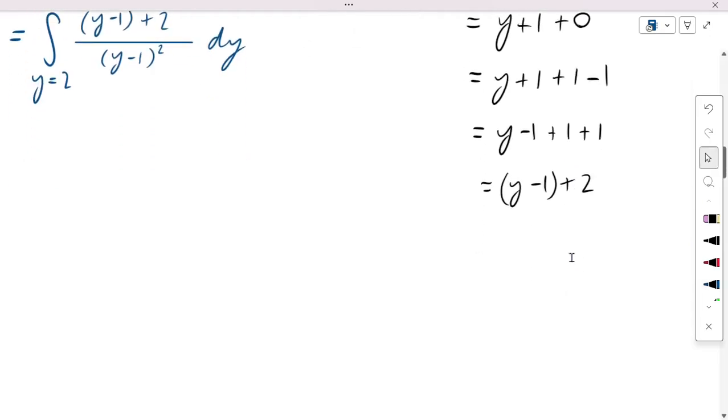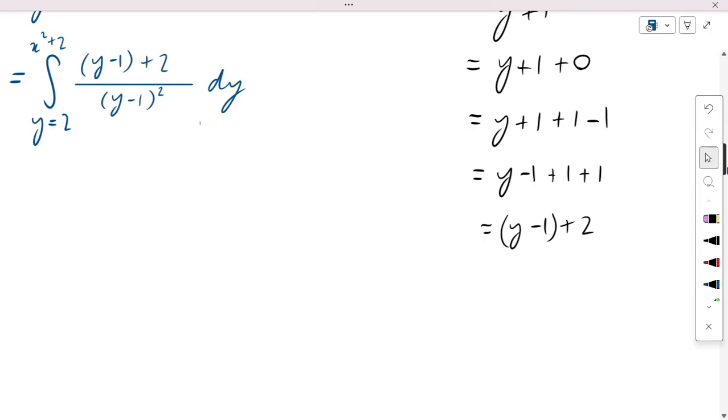Okay, great stuff. And now from here, we can do a substitution. I'm going to suppose that u is equal to y minus 1, such that du will be equal to, well, the derivative of y with respect to y is just 1, and the derivative of a constant is 0.